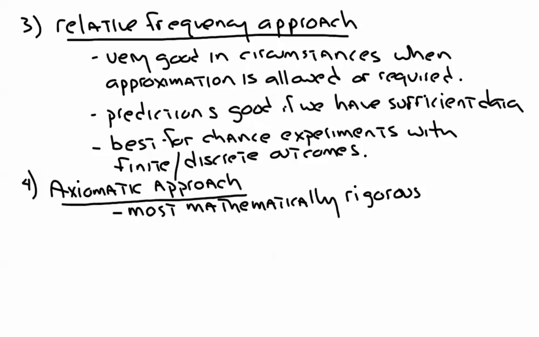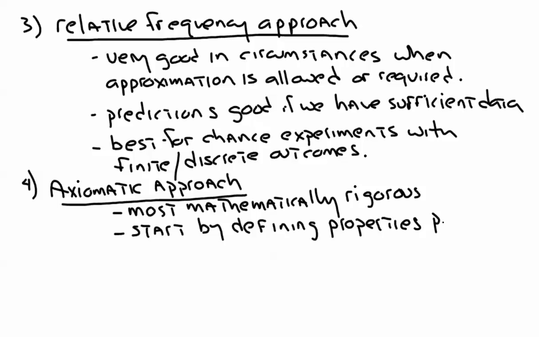The axiomatic approach starts by defining the properties that probability must obey. That's where it starts. And those properties are said to be axiomatic.